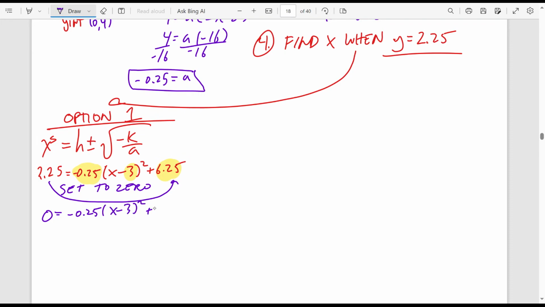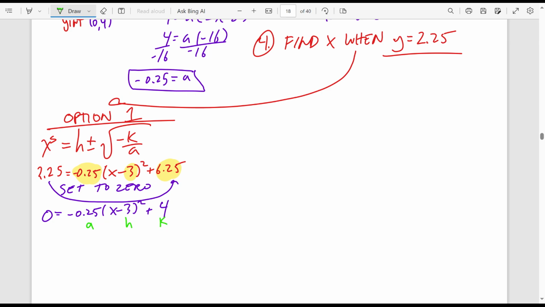Then it's going to work, right? So, did the a change? No. Did the h change? No. The k certainly did. That's a y value, okay? So now I have a clear a, h, and a modified k.